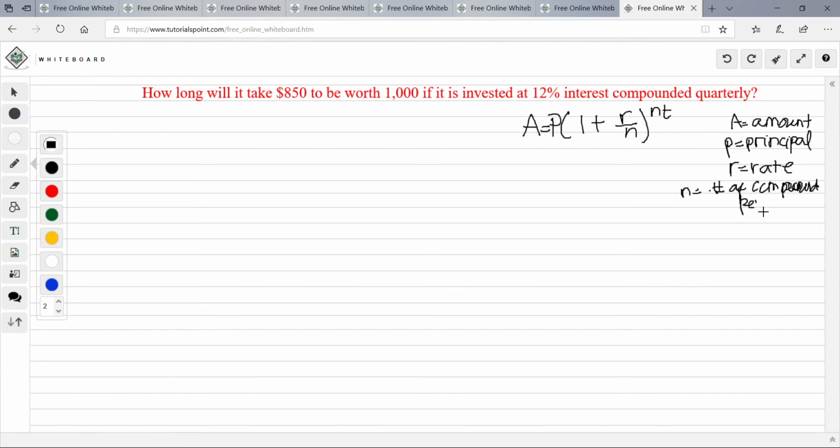So what that means is, is it compounded yearly, monthly, quarterly, etc. And t is number of years. So let's use what we have. So we said that our A should be 1,000, right? Our amount is 1,000. And then our P is 850.